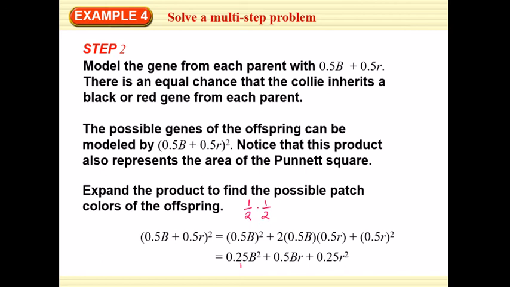So it makes sense that I get 1/4 here, and then I get 1/2 times 1/2, which is that 1/4 again, but I multiply it by 2. That's 2/4, or 1/2. And then I get the 1/4 again on the right here. So this is a polynomial that would model those genes.